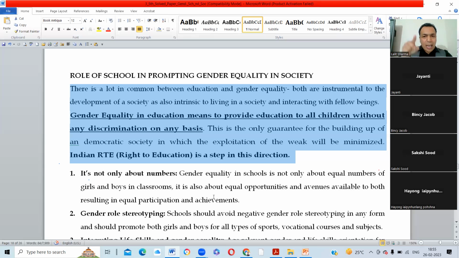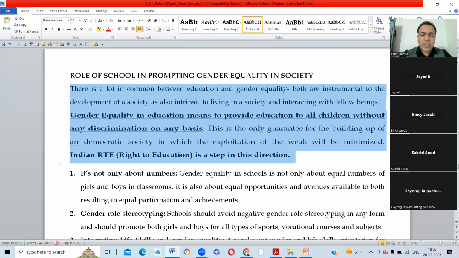So see how education becomes a source for creating gender equality, right? Read this a little. There is a lot in common between education and gender equality. Both are instrumental to development of a society as also intrinsic to living in a society and interacting with fellow human beings.